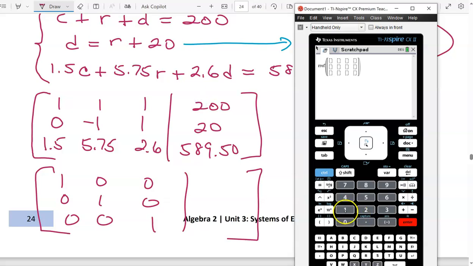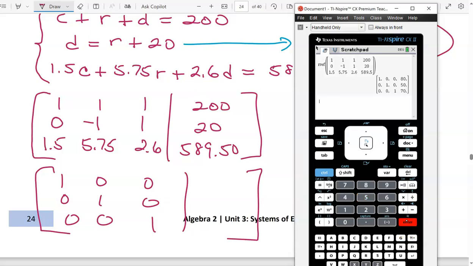And the elements across the top row are 1, 1, 1, 200, 0, negative 1, 1, 20, and 1.5, 5.75, and 2.6, and 589.5. You can leave the 0 off if you wish, or you can type it.